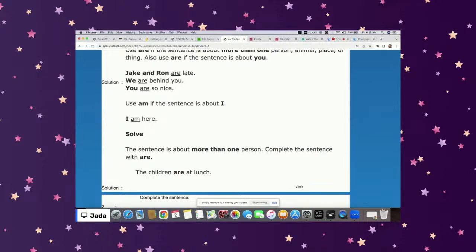Because when we say children, we mean two, three, four, five kids. But child is just for one. So child is one, and children means more than one kid. So the children are at lunch.